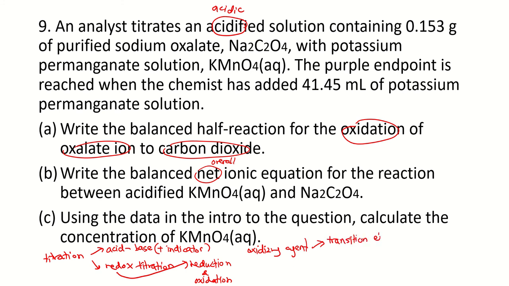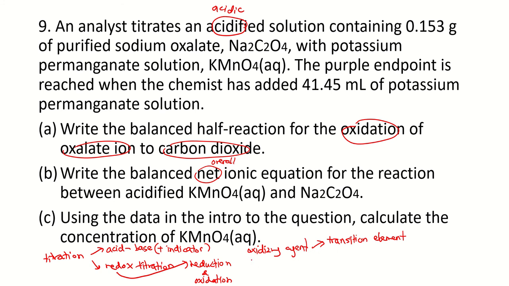Transition elements have various oxidation numbers and also different colors. So when this oxidizing agent undergoes reduction, the oxidation number decreases, the oxidation number of that element changes, so there is a color change. So we know that is the end point.